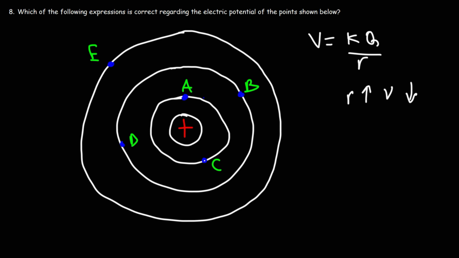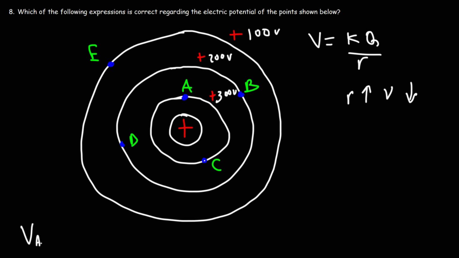Now what we have here is something called equipotential lines. Anywhere along the first circle, the potential is the same. So for that, it might be positive 300 for the first circle. For the second circle, anywhere along there, it might be positive 200. And the potential on the last circle might be positive 100.